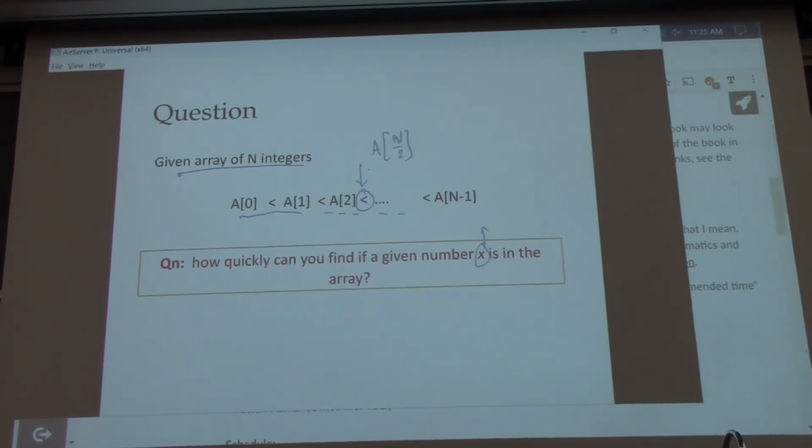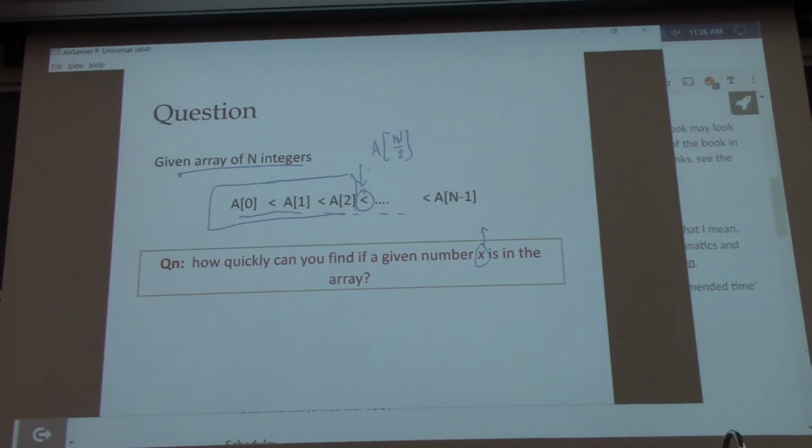If this is bigger than x, then where should x lie? On the left. So if it's bigger than x, you can restrict yourself to this portion of the array, and now you basically recurse on this. Now you have a smaller array, you look at the midpoint of that, and you ask the same question.